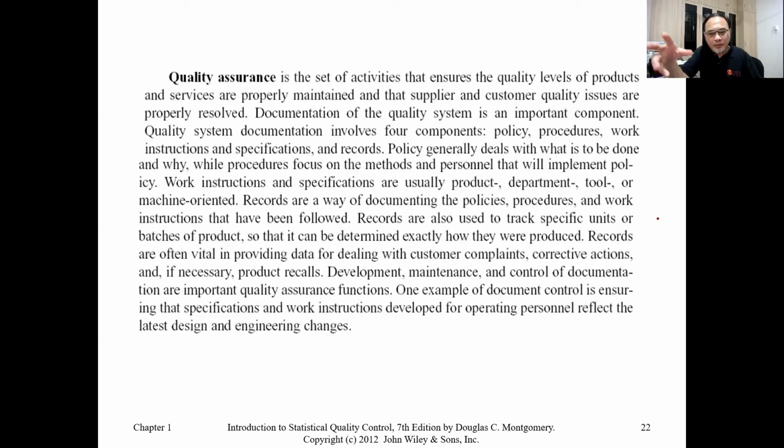Assurance is another part of quality, particularly with respect to the system. Okay, the documentation, it is a set of activities that ensure the quality of products is properly maintained and supplier and customer issues are properly resolved. So basically, it's about having a system, and the documentation of the quality system is important, consisting of policy, procedures, work instructions, specifications and records.